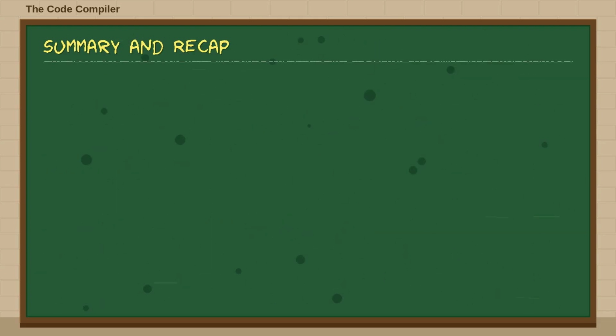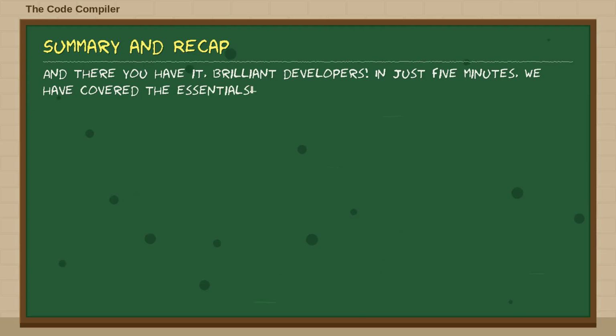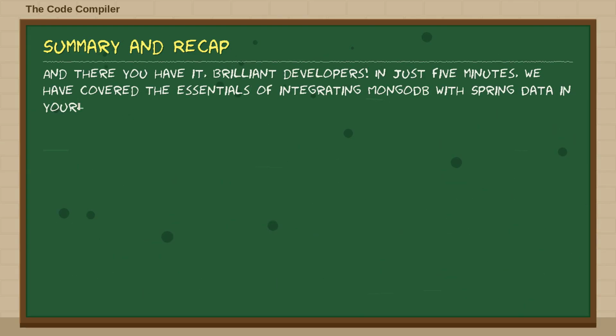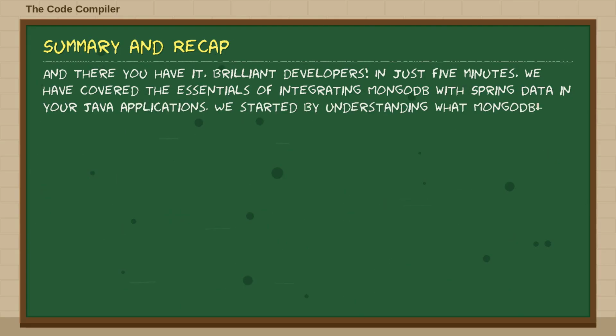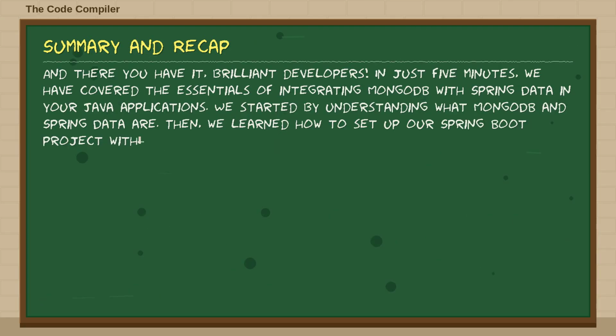And there you have it, brilliant developers. In just 5 minutes, we have covered the essentials of integrating MongoDB with Spring Data in your Java applications. We started by understanding what MongoDB and Spring Data are. Then, we learned how to set up our Spring Boot project with the correct dependencies and configuration.